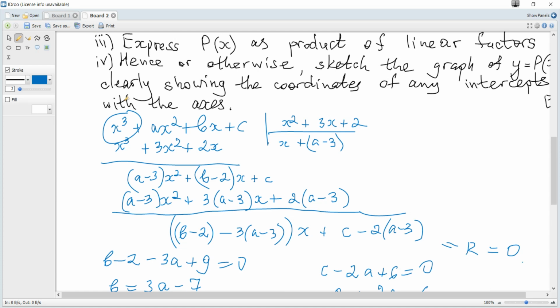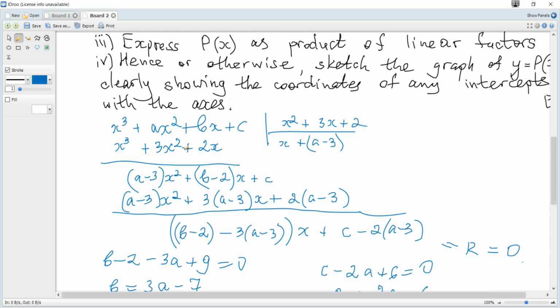So when x increases, y increases to plus infinity, and when x tends to negative infinity, y also becomes very large and negative, so y also tends to negative infinity.